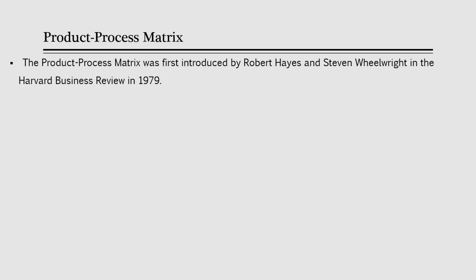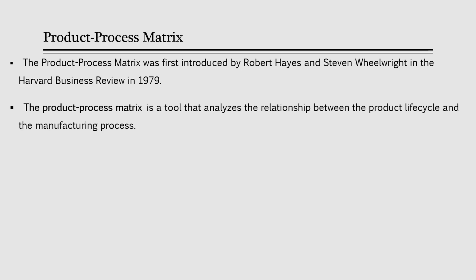Now let's look at the product process matrix. The product process matrix was first introduced by Robert Hayes and Stephen Wheelwright in the Harvard Business Review in 1979. The product process matrix is a tool that analyzes the relationship between the product life cycle and the manufacturing process.